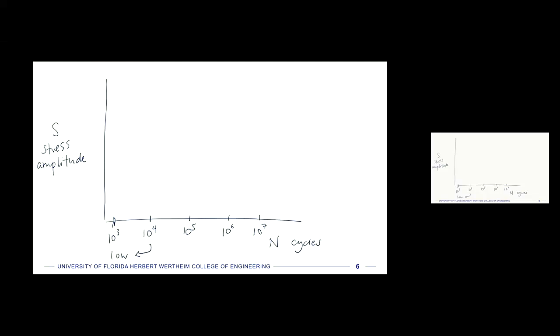Let's say we had a specimen and we put it at some particular stress amplitude, and we just started cycling that thing in the RR Moore bending fatigue. We would come up with a distribution. Let's say we had 100 samples and we did the same test, the same stress amplitude, on all of them. We would come up with a distribution that would be clustered around some mean and then would have a tail. I'm drawing it idealized, but it would have a tail like that.